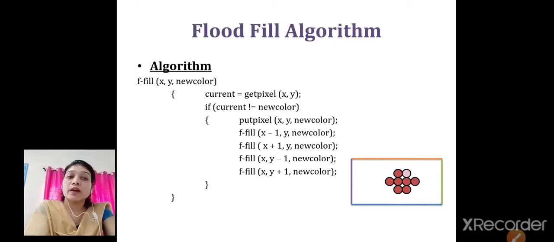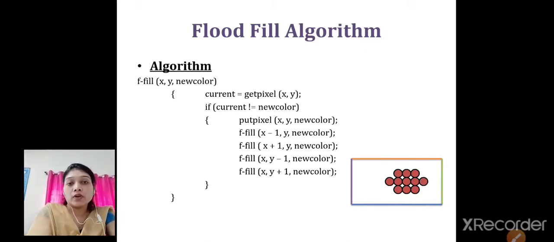So in this way we are filling our polygon from pixel to pixel. As we are moving to further pixels we are going to cover like this. So in this way we are going to fill our polygon with the flood fill algorithm.